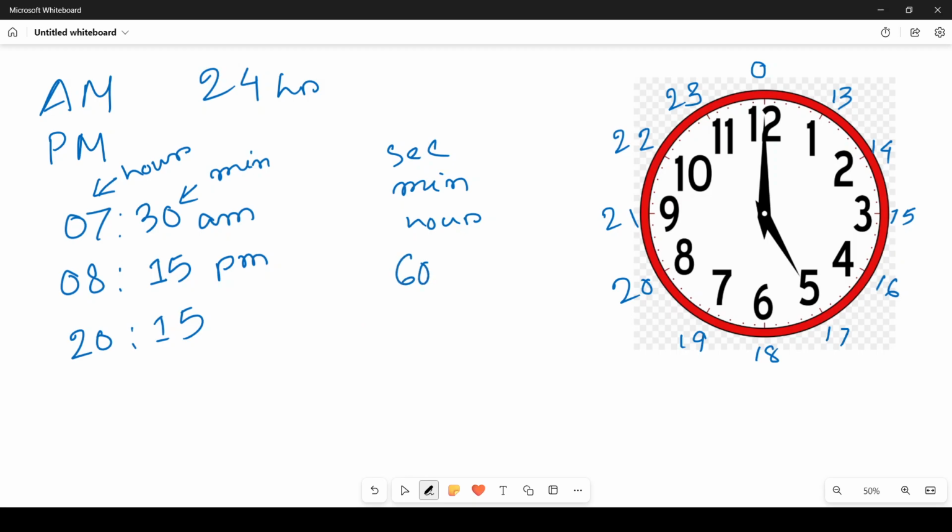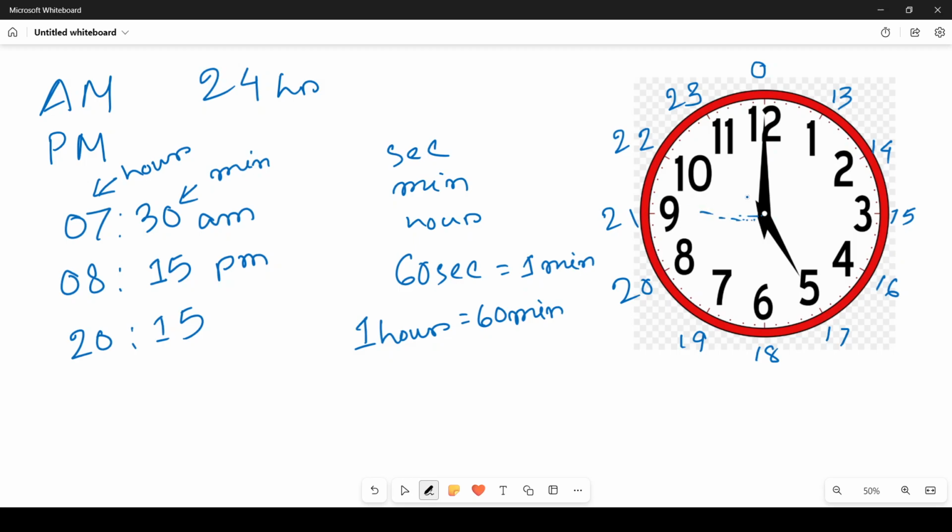So 60 seconds is 1 minute, and then to get 1 hour you need 60 minutes. So this is the hour hand and this is the minute hand, and there should be another hand, the second hand, right?